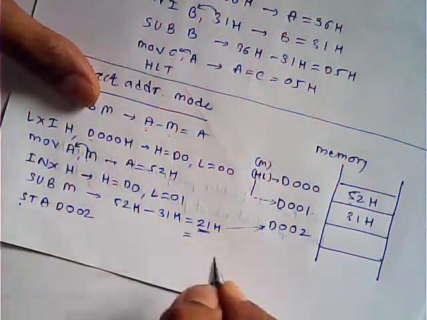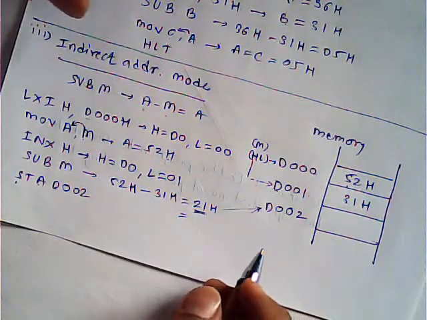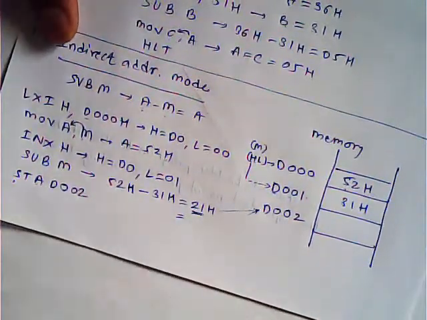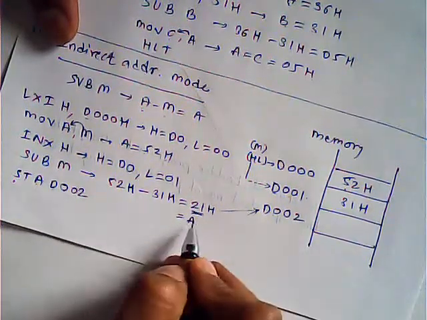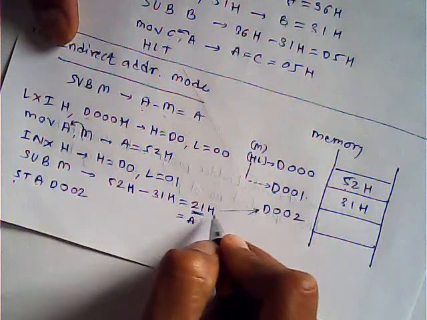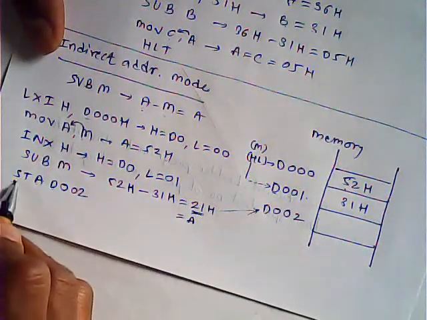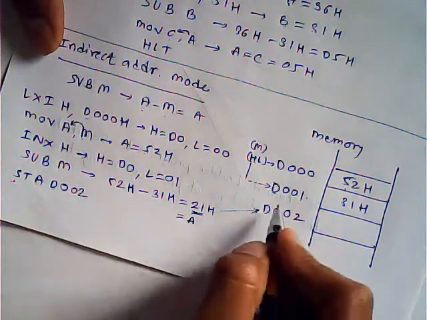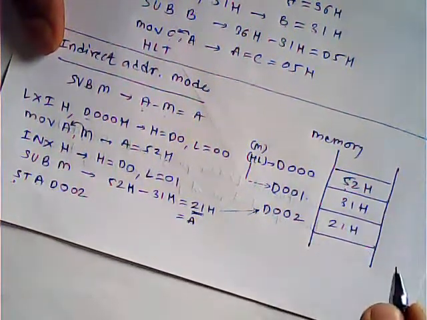The subtraction result available in the accumulator gets stored in the next location. After the execution of this STA instruction, at the next location you will find 21 hex.